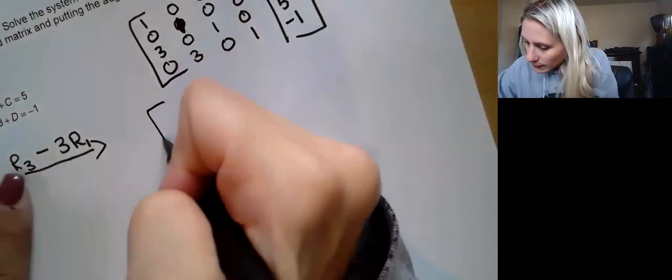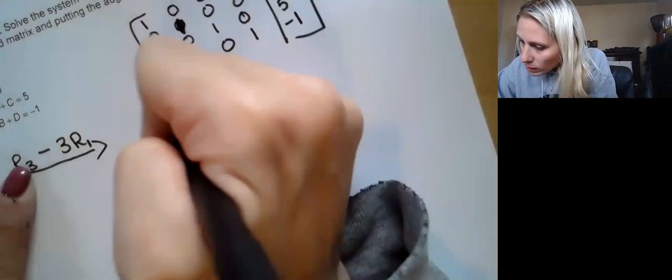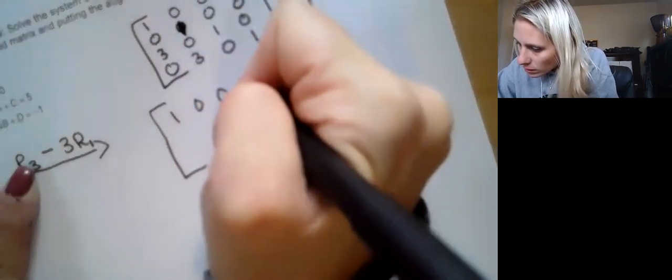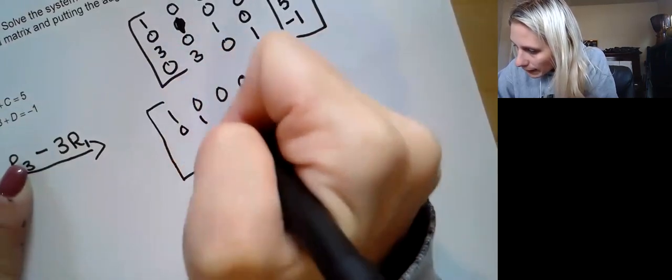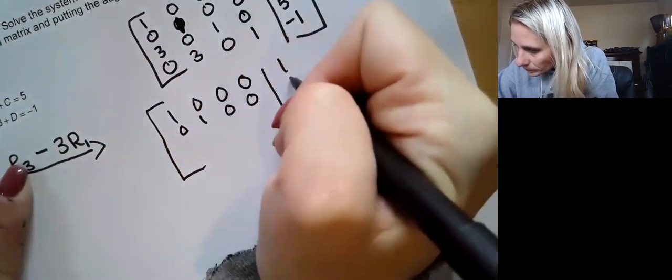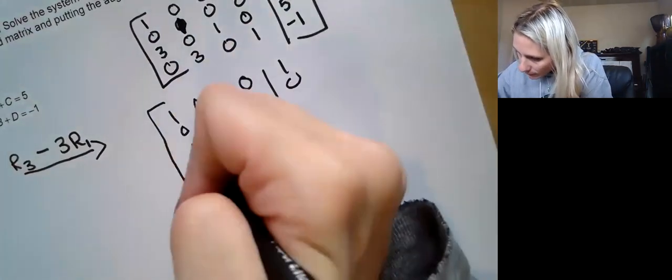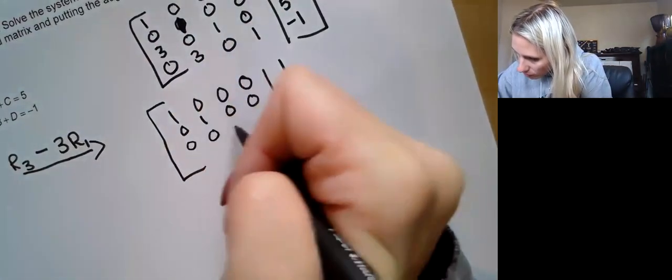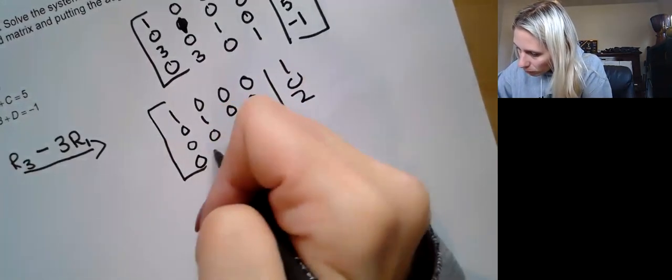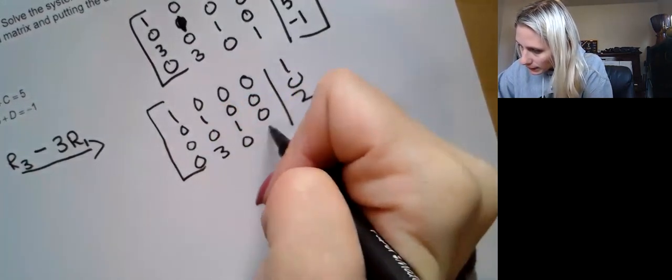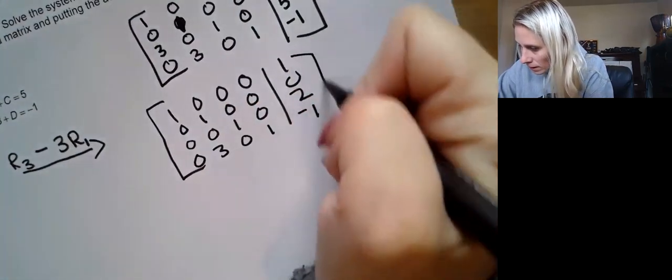And that's my new row 3. Remember that, because that's why I put it first. My row 2 stays the same. And my row 3 is that new one, which is 0, 0, 1, 0, 2. My fourth one we didn't do anything with, so that stays the same.